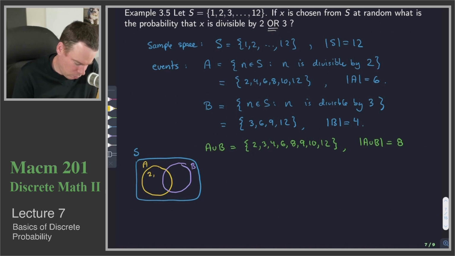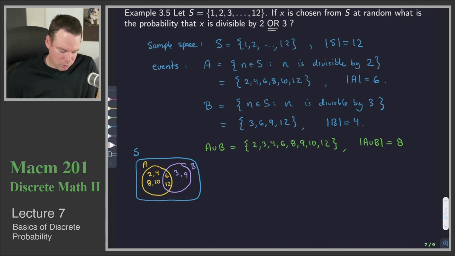So we had a 2, a 4, a 6 which also occurs in B. And then an 8, a 10, and 12, which also occurs in B. And then B had 3, 6, 9, and 12. And so there is our picture.